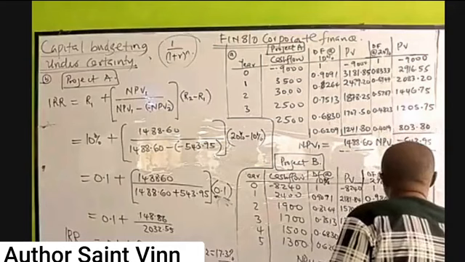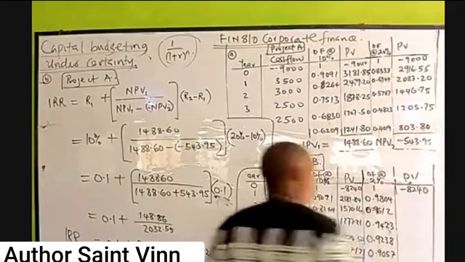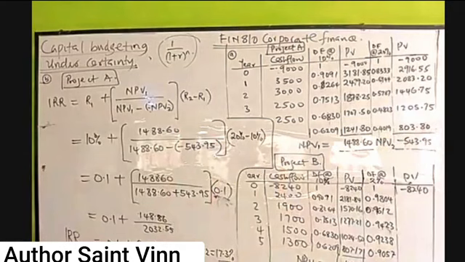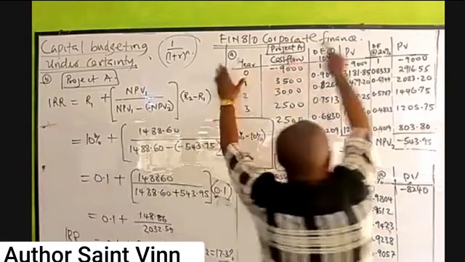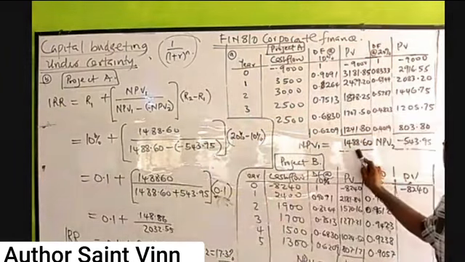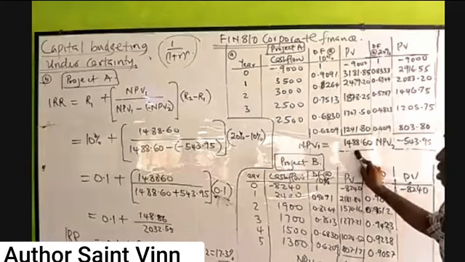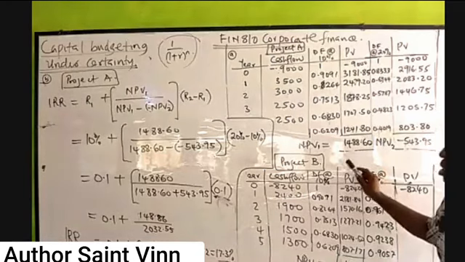So here is minus 8240. Okay, what is it? This formula is IRR for project B. Which we have done? No, that was NPV. We use this same table to do NPV.